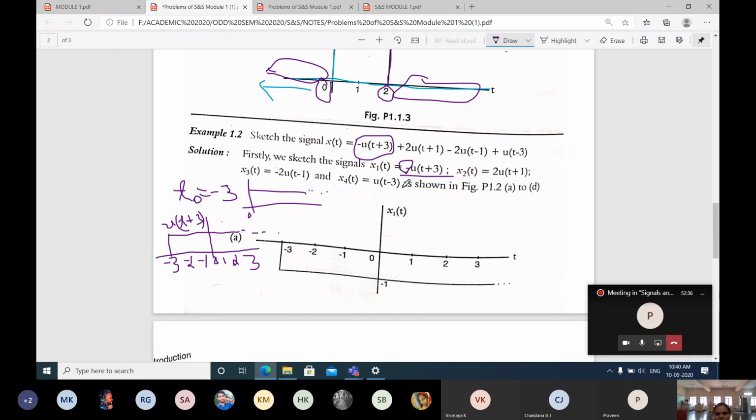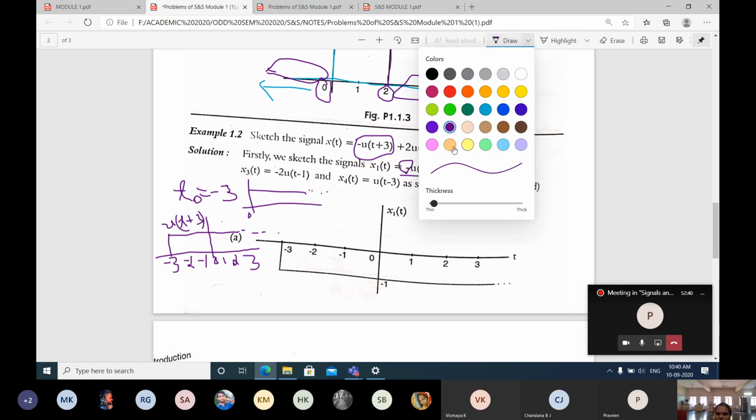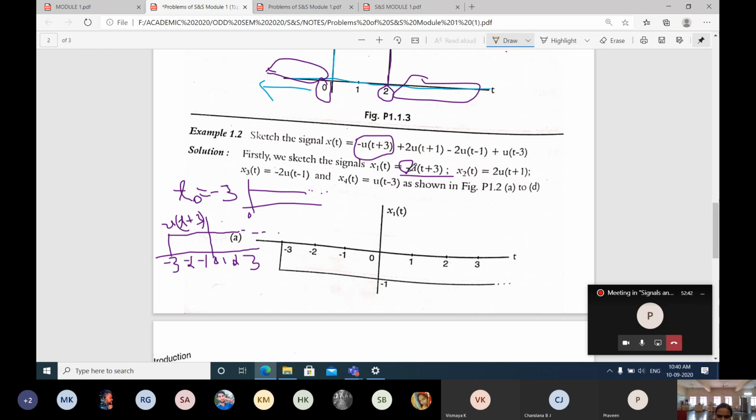Observe here, it is a negative value. Due to this negative value, we have to perform the whole operation with the negative, multiplying with the negative for the u of t plus 3. Means instead of the signal being at the positive values, it is going to shift towards the negative values.